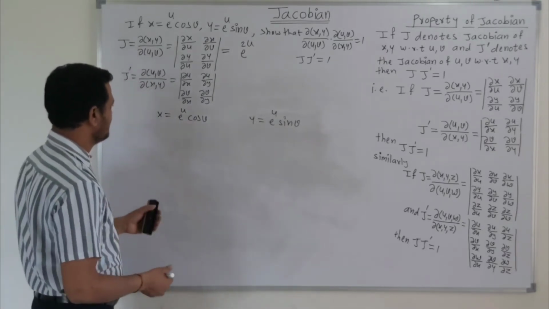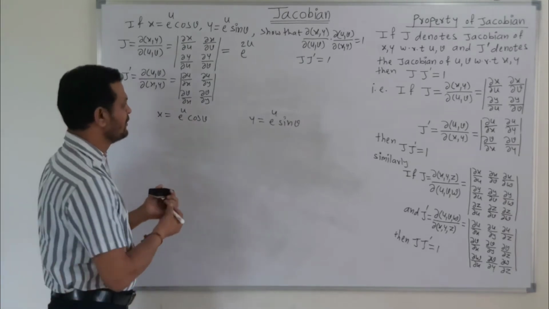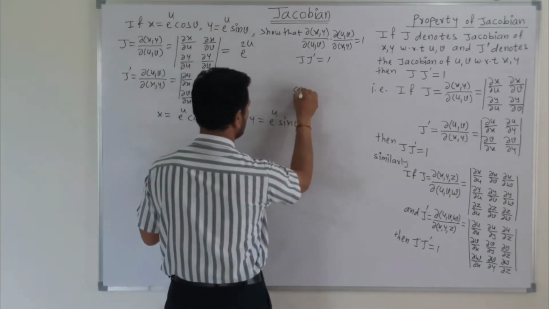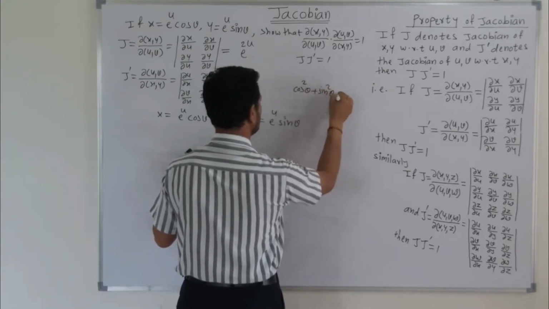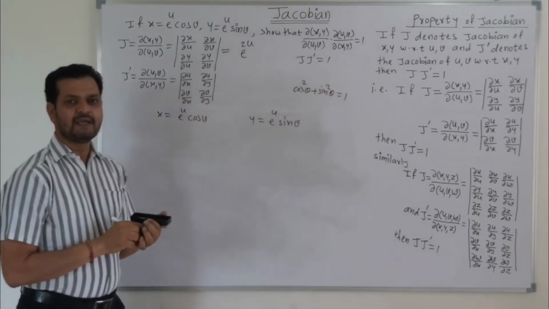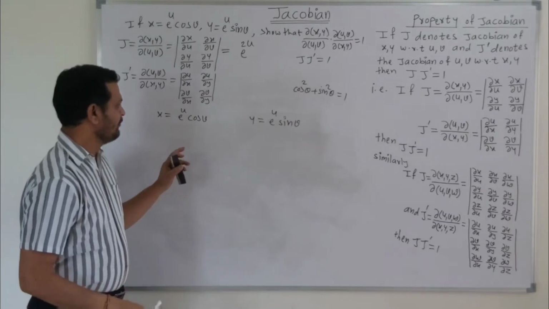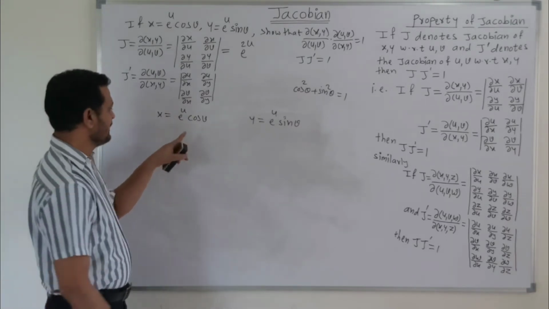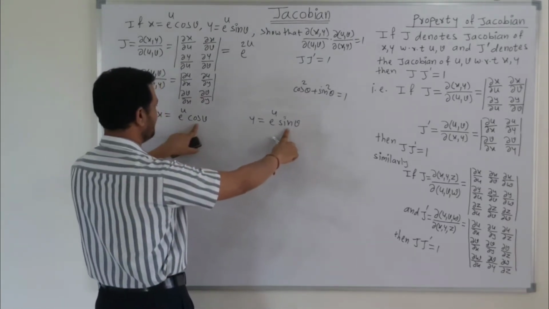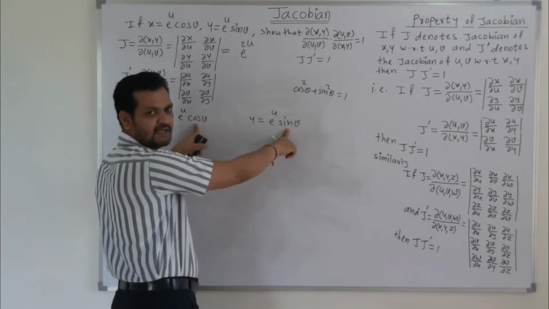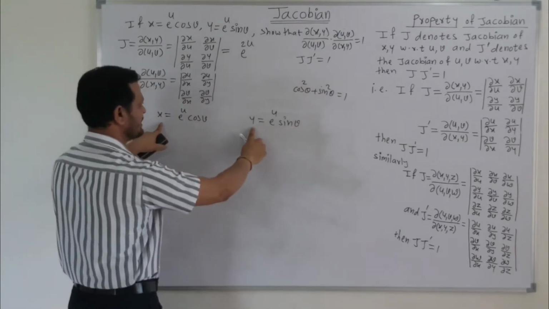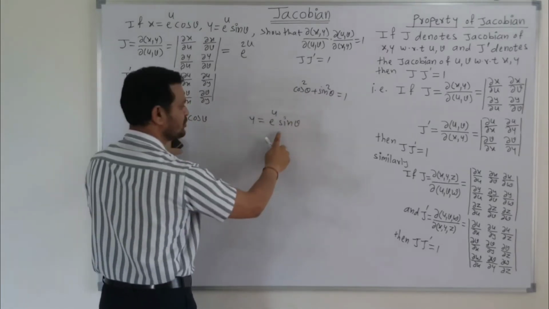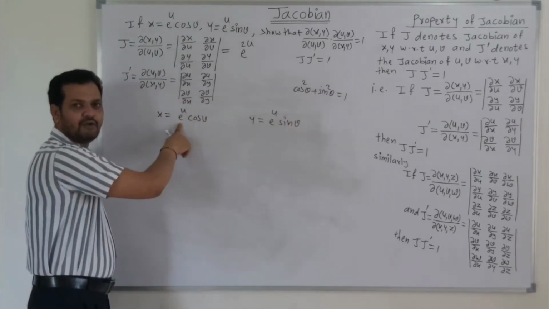So friends, to find the value of u, we know the term. Just now we applied cos square theta plus sin square theta is 1. So if we try to apply this formula, and if we make the square of these two terms, then sin square and cos square v become 1. For this we have to make the square of both sides and take the addition of these two terms, so that we get the value of u.